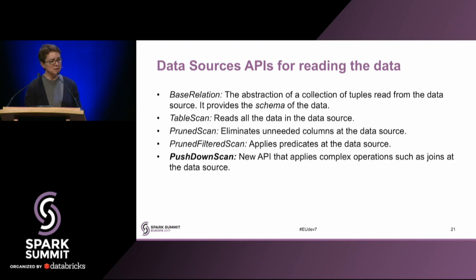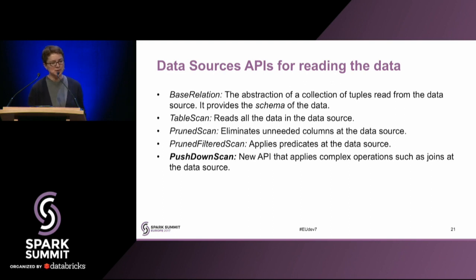Next, I will present the data source API for reading the data. The APIs are relatively simple. To create a new data source, one needs to provide a schema and how to get the data.